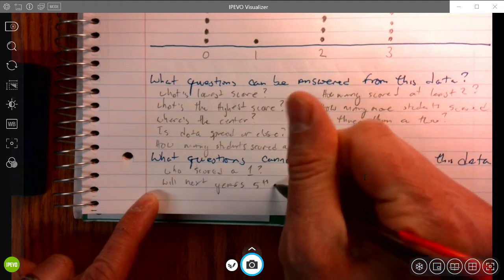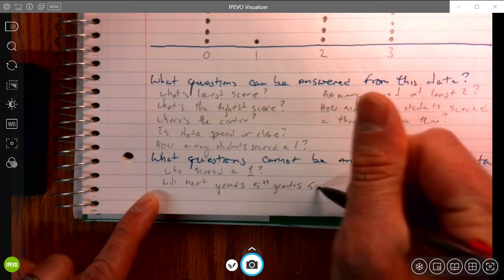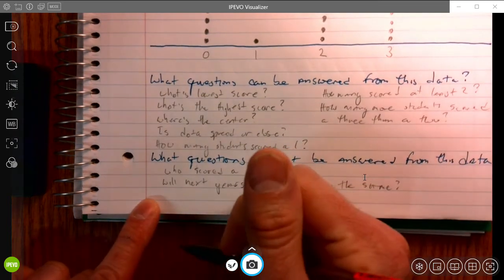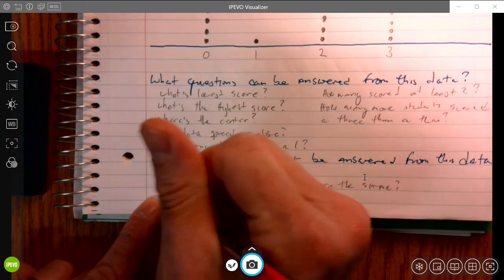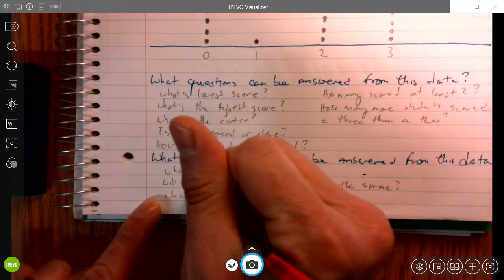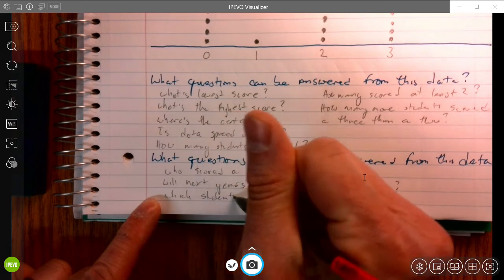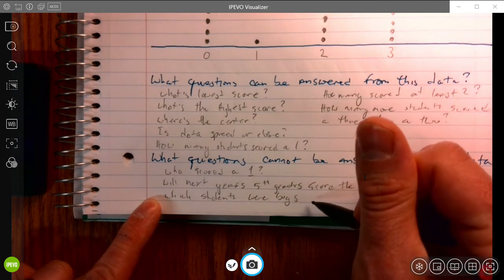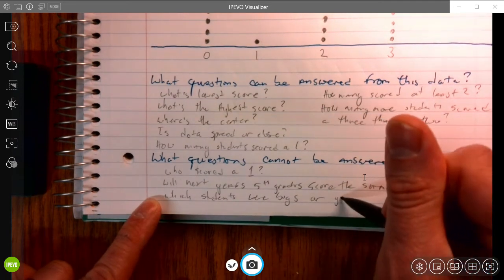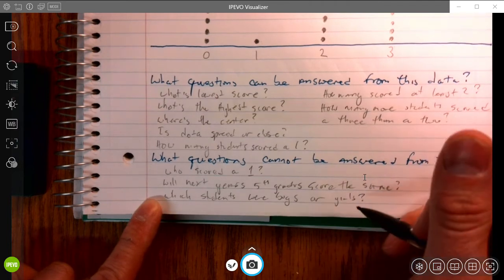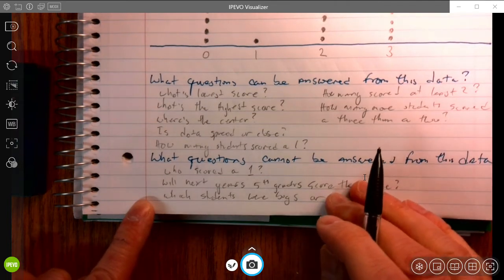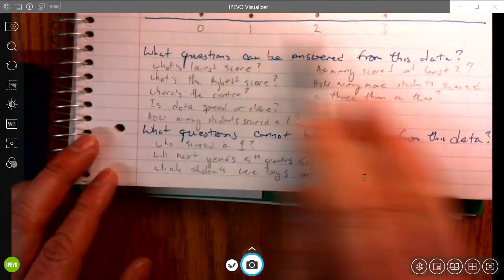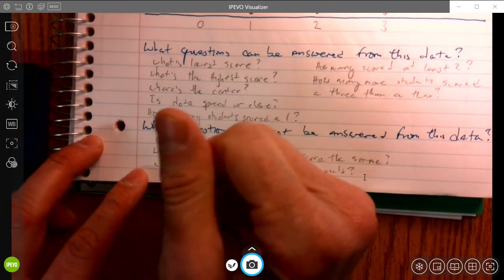How about which students were boys and girls? Well, that dot plot doesn't tell me. And finally, did all 5th graders in New York State score more 3s than any other score? Right? This is just for Discovery Charter School. It's not for New York State, so I don't know.